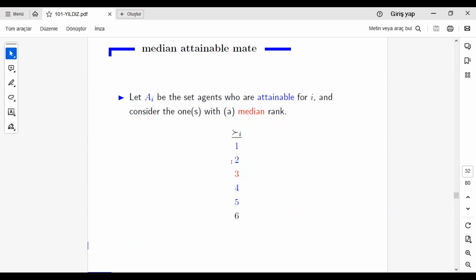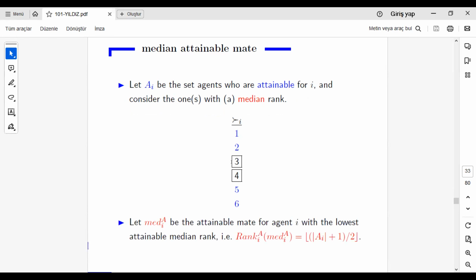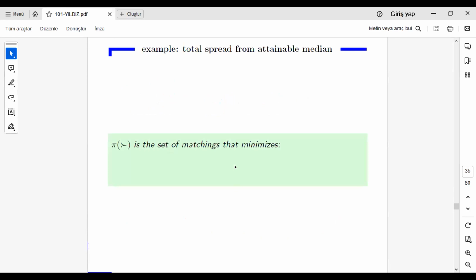Okay, so in fact, we can define for each individual now, not for the stable matching, but for each individual, consider the mates of an agent that have median rank. There can be a tie if there's an even number of attainable mates. In that case, we pick the one that he prefers more.